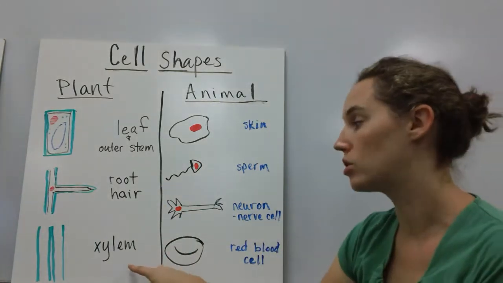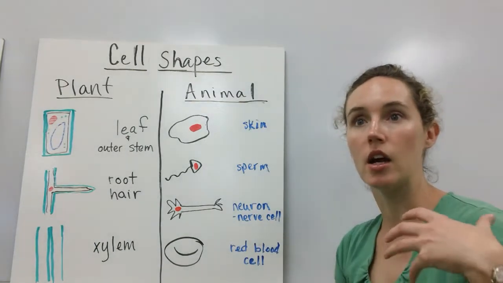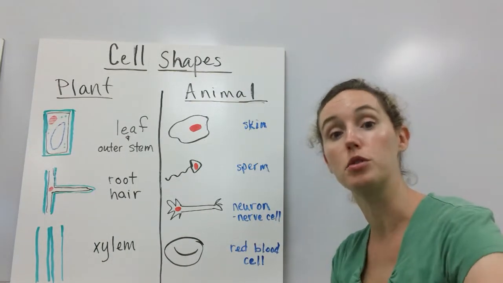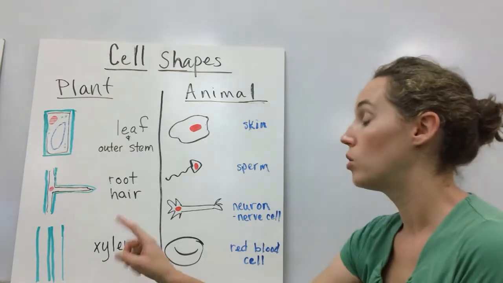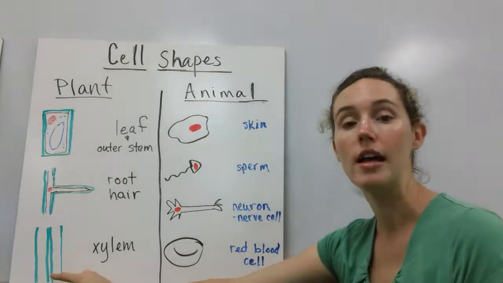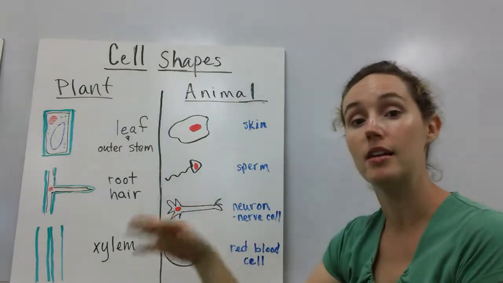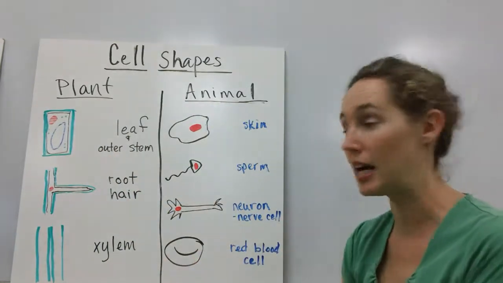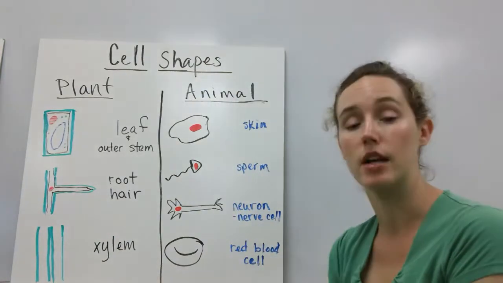Finally, plant cells also have xylem cells, and xylem are the tubes that pull water and nutrients up from the ground and into the leaves. So our xylem, these look kind of empty, and it's because they are. They used to be fully mature cells like this, but then the insides dried up and died out, leaving just these straw-like structures that go down the stem of the plant.